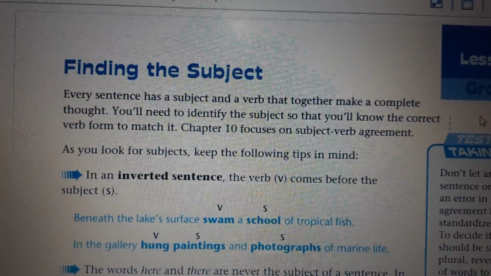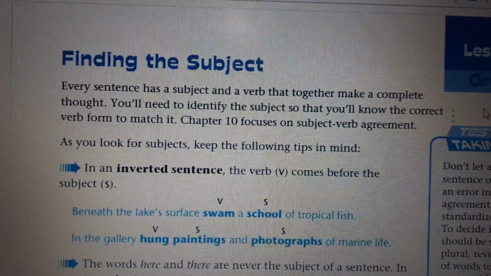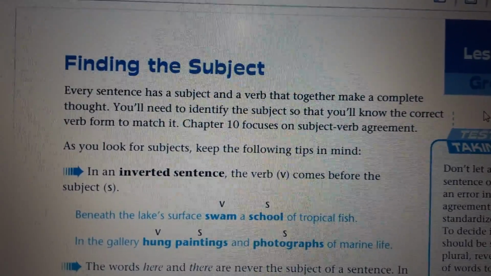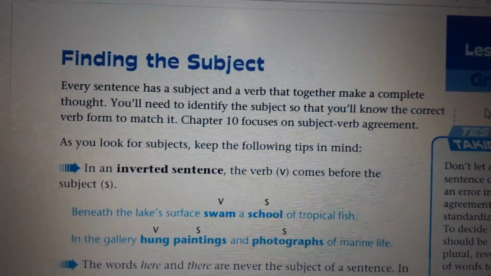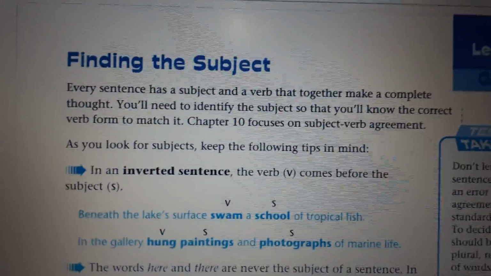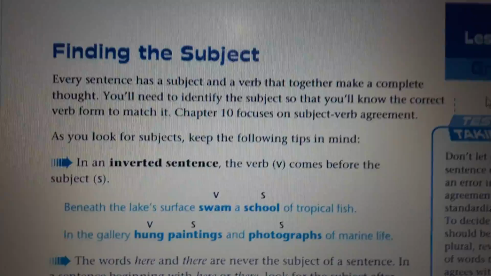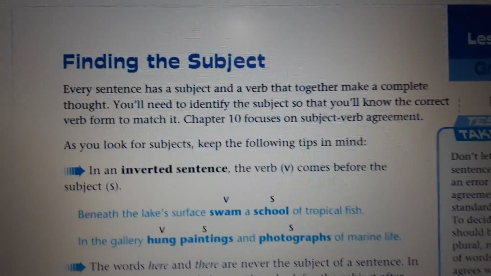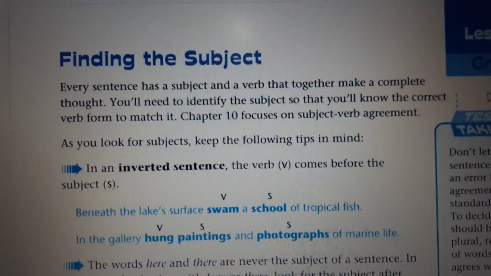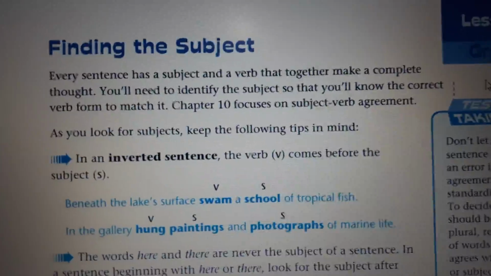Okay, so here, as you look for the subject, keep the following tips in mind. Okay, here we have some kind of tips. Some things I would really call rules, but you can call them tips.